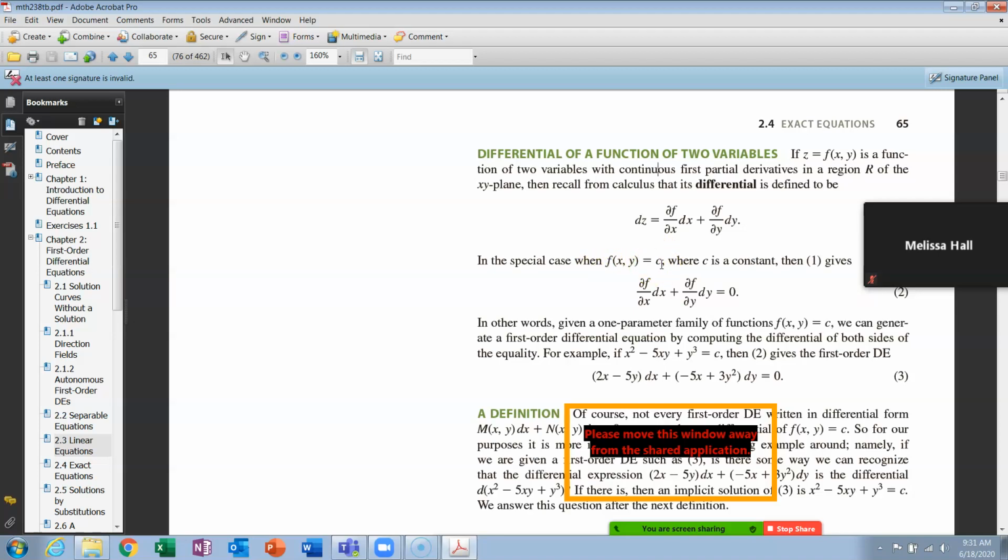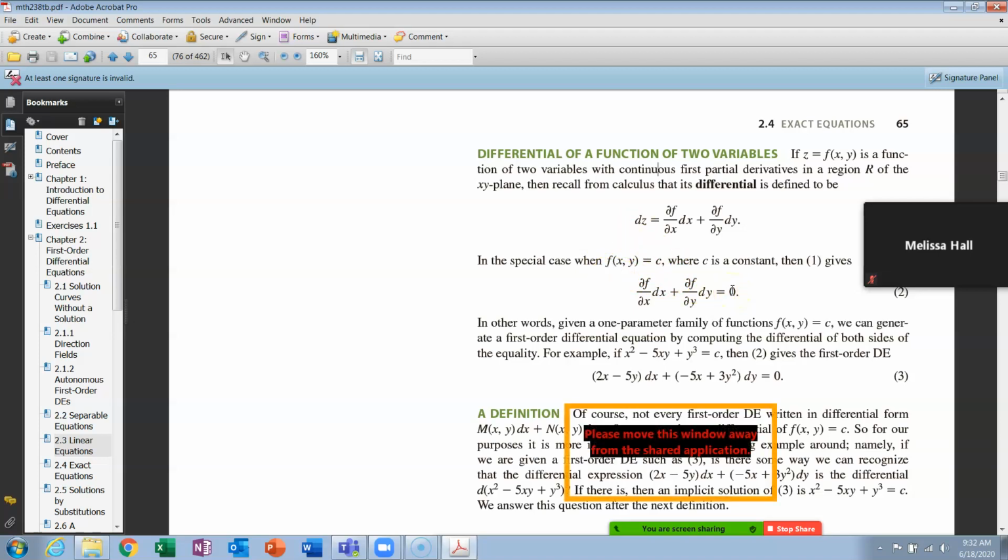Okay? So in that special case where that's true, then this equation becomes partial of f with respect to x dx plus partial of f with respect to y dy. If that's a constant z up there, then the derivative of a constant is 0.